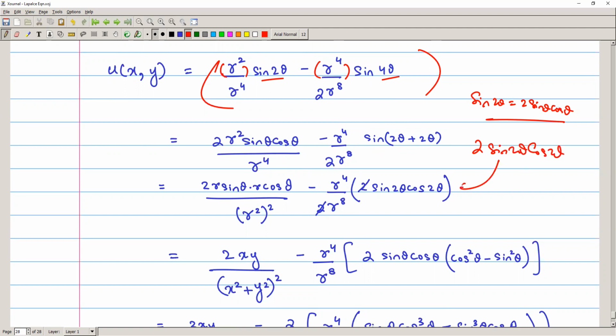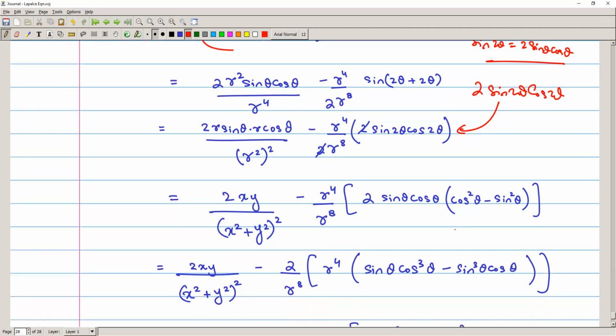Here we can see that, right? So further simplifying, now it's 2r sine theta and r cos theta, therefore it means 2 times y times x, so it's 2xy, and r squared is equal to x squared plus y squared. We already know that.